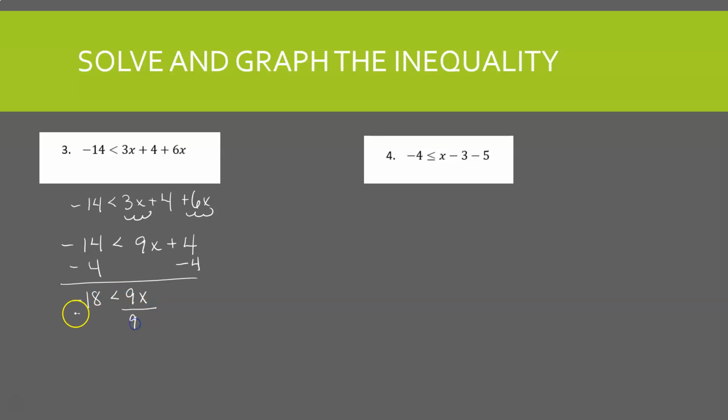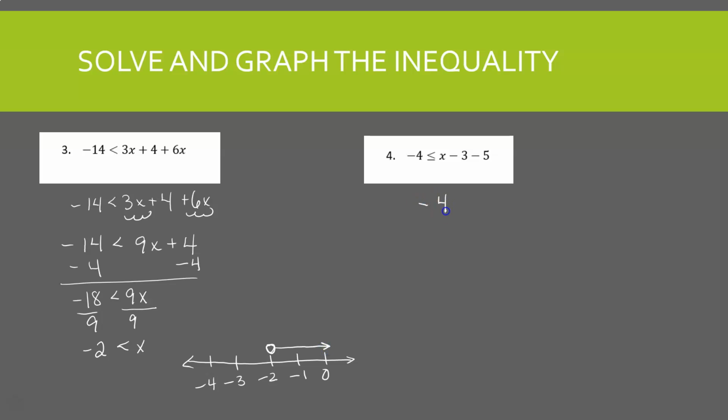I'm going to divide by 9. I have x greater than negative 2. Here's our graph. I have an open dot on negative 2, and the numbers that are greater than negative 2 are that way.